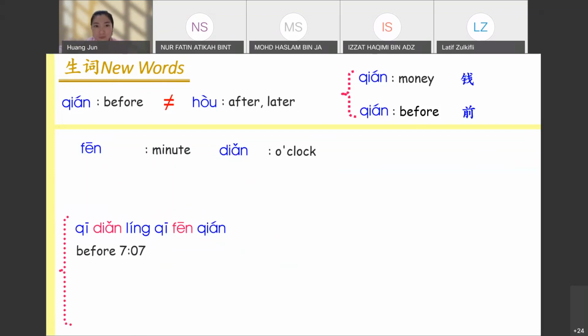Then we have another one. 9点40分后, 9点40分 means 9:40. So 后 means after. That means after 9:40. Okay, so for all these words, in English you put before and after in front, but in Mandarin you put them at the end.